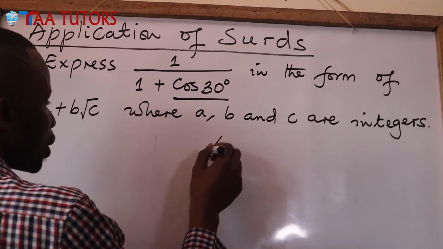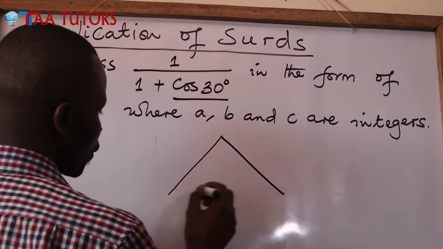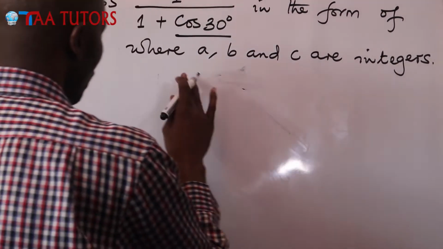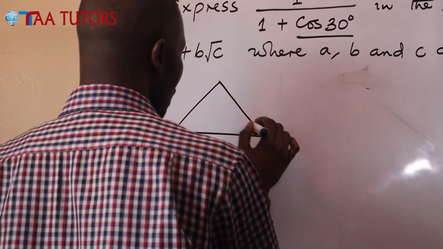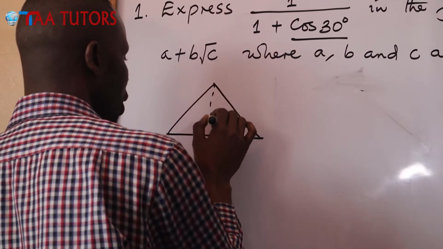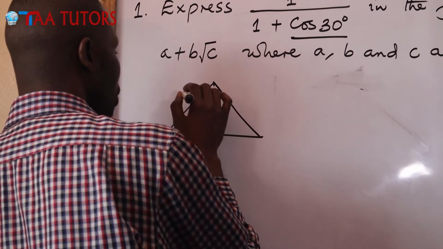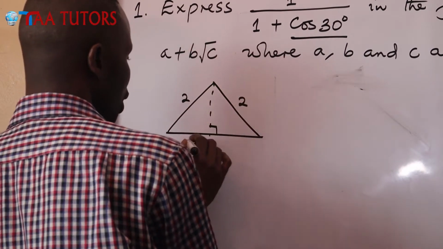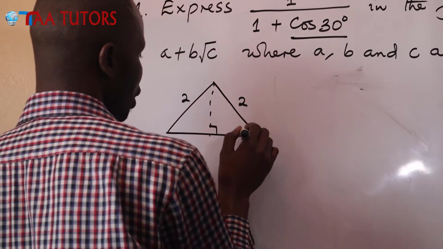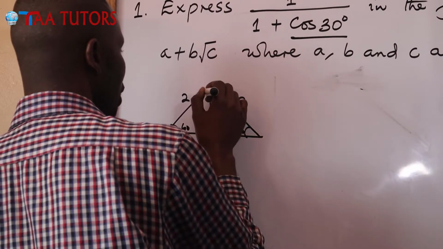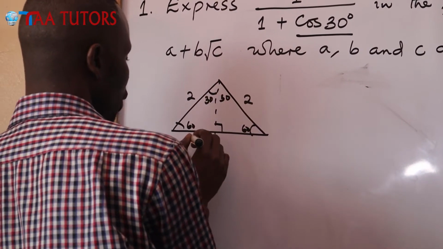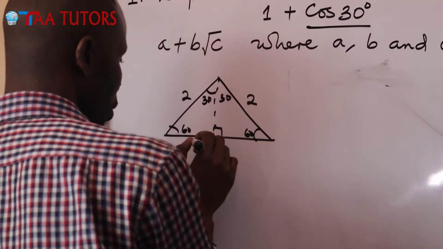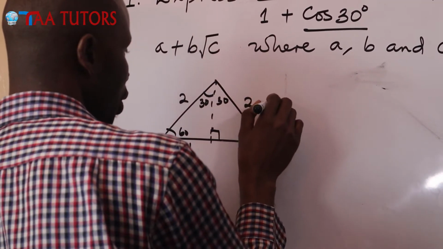When you have 30 degrees, first sketch an equilateral triangle with sides of 2 centimeters. So if this is 60, this is 60. Let me divide this into 2, so this is 30, this is also 30. If I divide this into 2, this will be 1 centimeter, this is 1 centimeter.